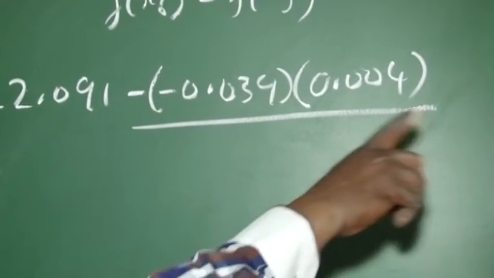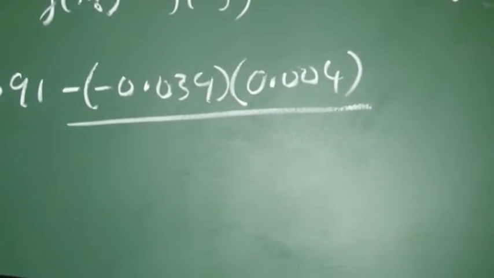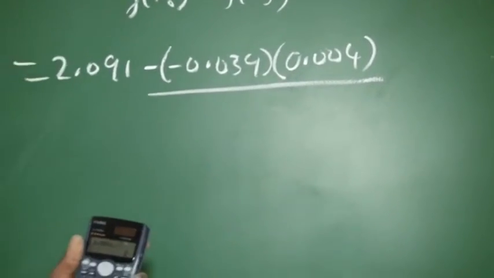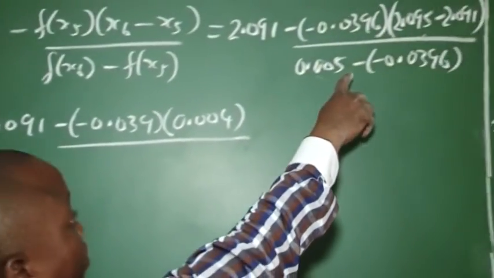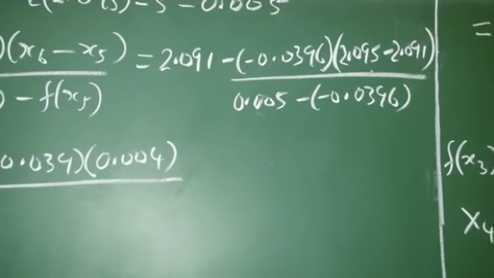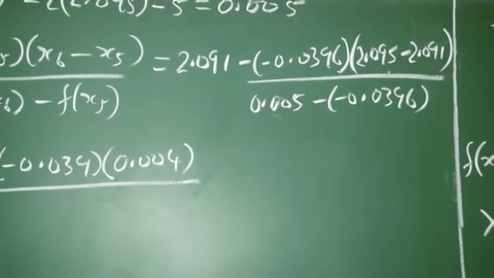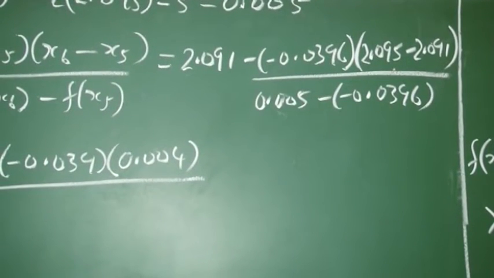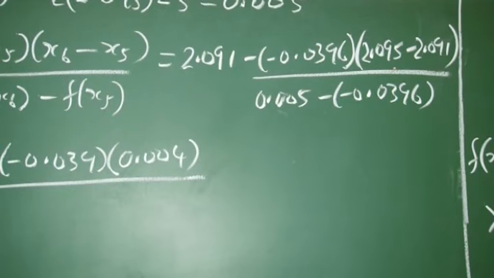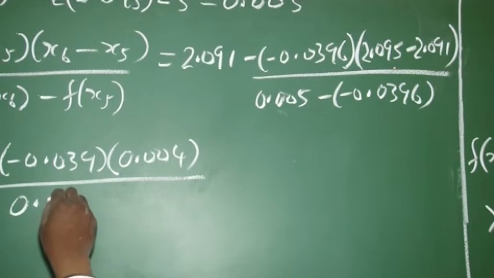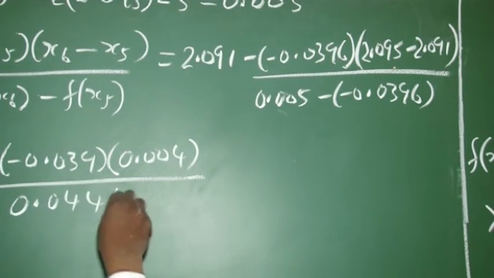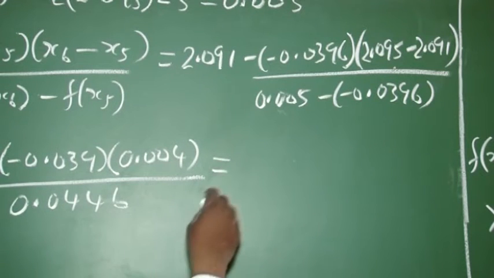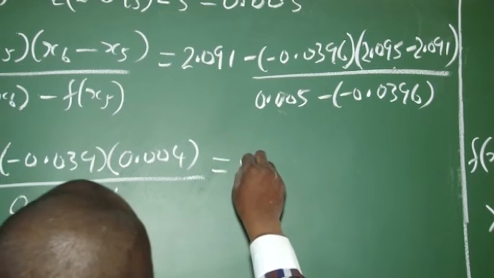Now here the downside we will have 0.005 plus. Now it is plus because minus times minus 0.0396. Then we have 0.0446.